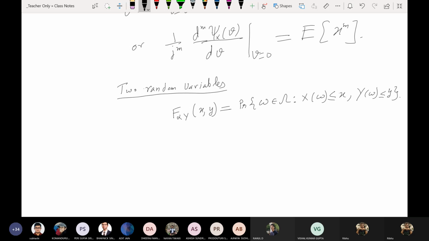Meeting two people at a point is a textbook example. Yes, the times at which they arrive are the random variables. So two people arriving at a point, that way it will be two random variables.